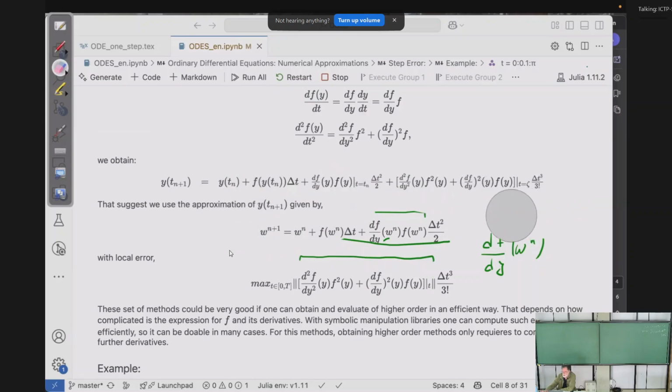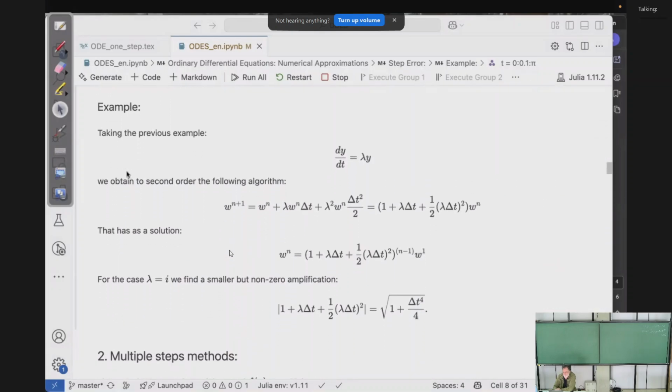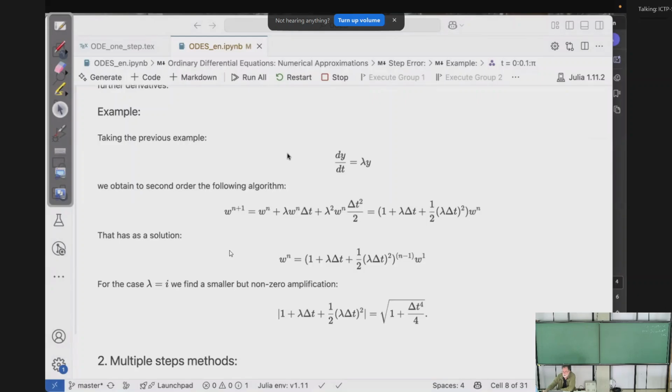So we can make an example of this. Take our previous example, do the calculation now, and you have this part is Euler, but now you get this other part here. So you can write it like that, times Wn. So the solution will be this into some power times the first point, right?